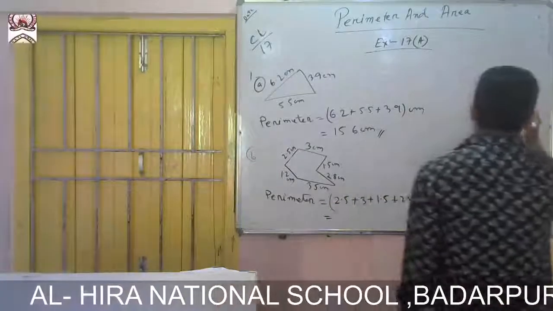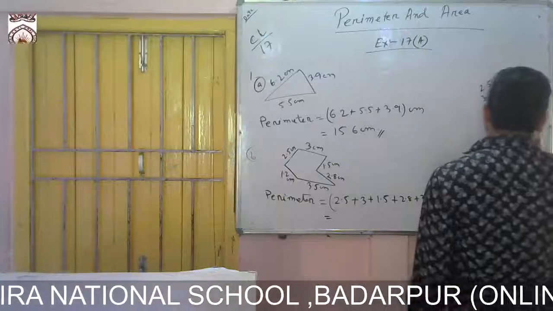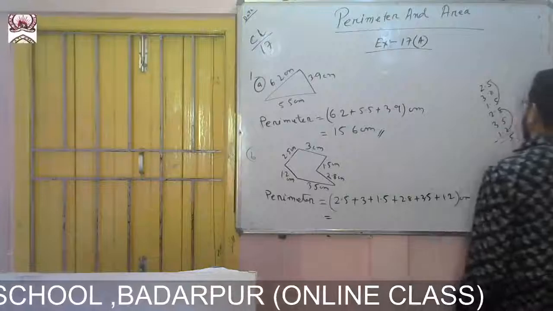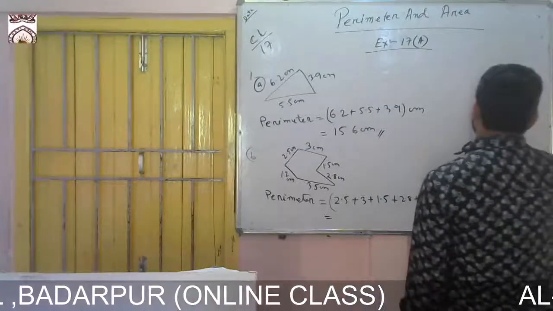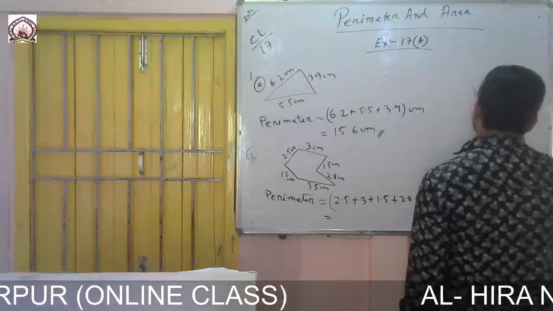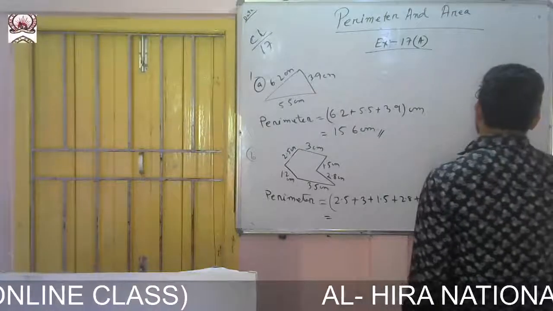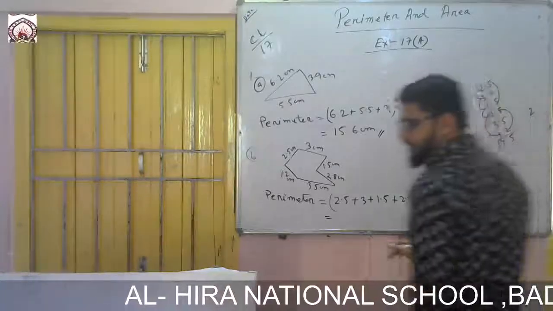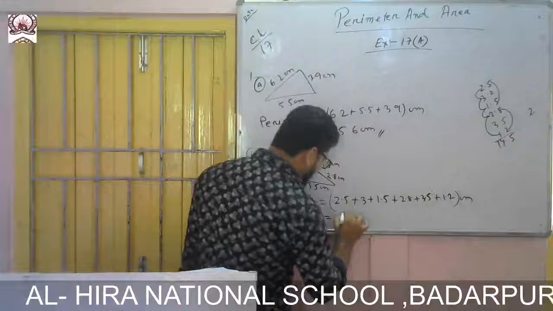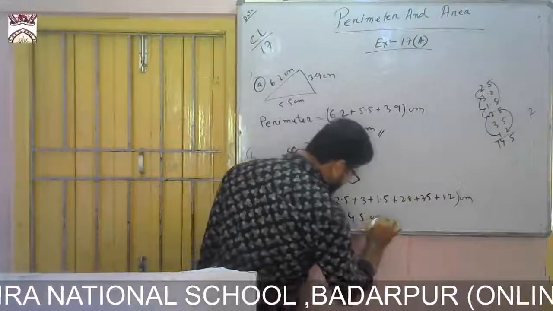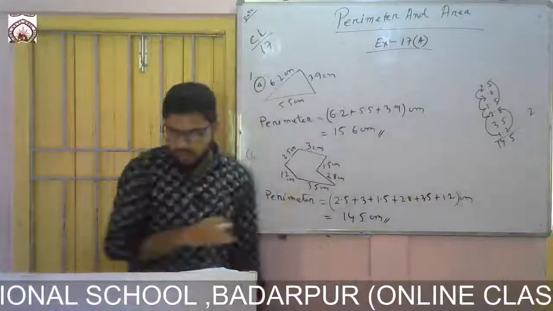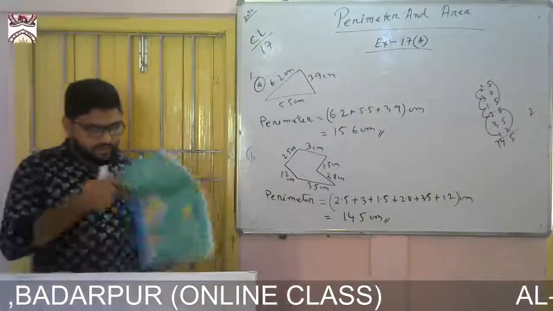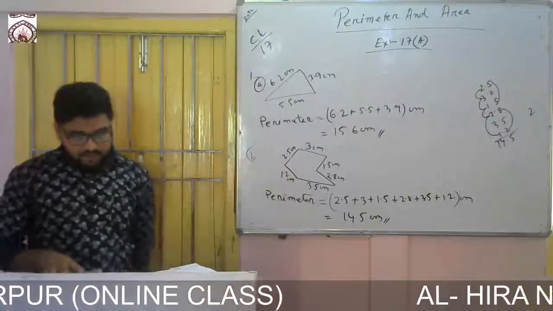So add 5 plus 5, 10, 8 plus 2, 10, 20 plus 5, 25, and 2 remains. Okay. 3 plus 2, 5, 5 plus 1, 6, 7, 8, 9, 12, 13, 14. 14.5. So if we add, we get 14.5 centimeter. So that is the answer. Okay, so now come to the last one, 3.